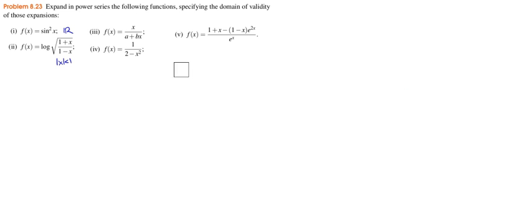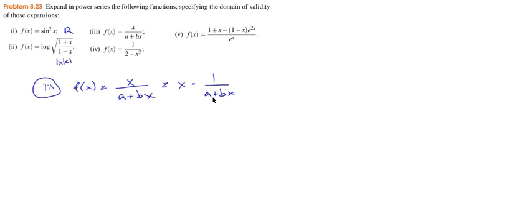Okay, and let's see, part 3, f of x is x divided by a plus bx, and here the trick always with these things is to write everything as if it was a geometric series. So first we have x times 1 over a plus bx, and now we want to write this as 1 over 1 minus something.